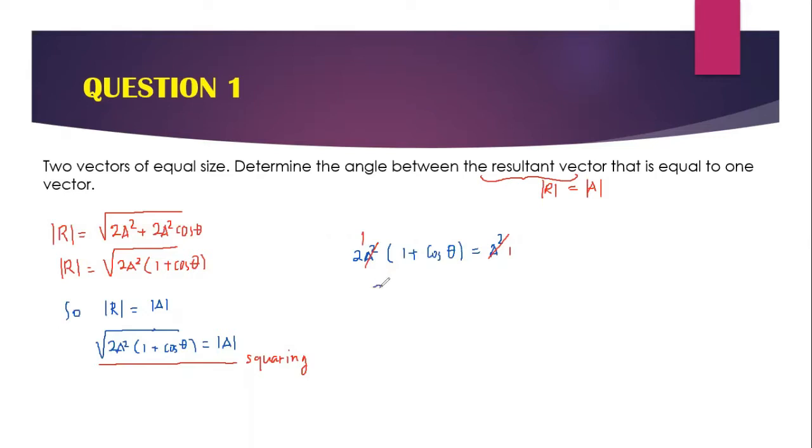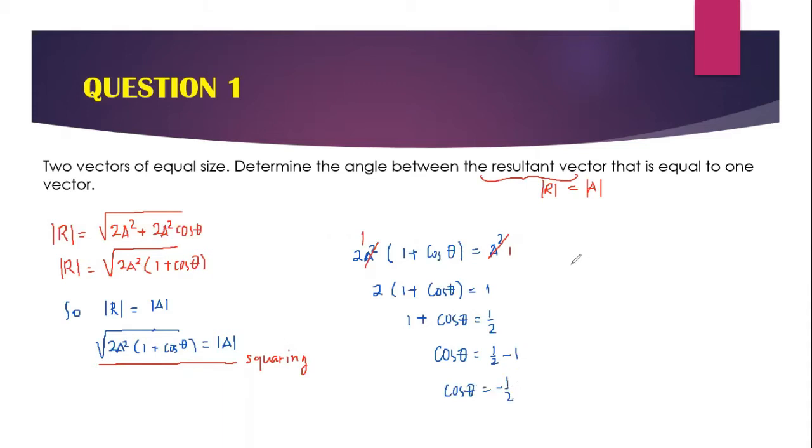Next, 2 times (1 plus cosine theta) equals 1. So 1 plus cosine theta equals a half, and then cosine theta equals a half minus 1. So cosine theta is minus a half.